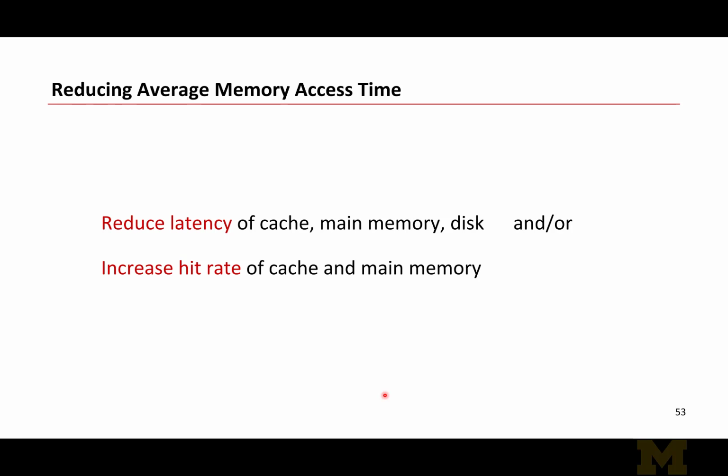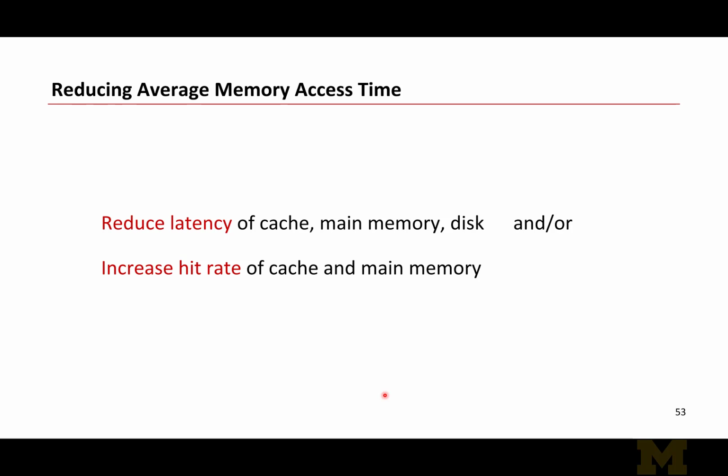All right, so now if you think about how to reduce the average memory access time, and the reason why we want to reduce it is so that we can improve the performance of our program. We can either try to reduce the latency of the components, that is essentially to say, let me try to improve my hardware, or I can try to find ways to increase the cache hit rate.